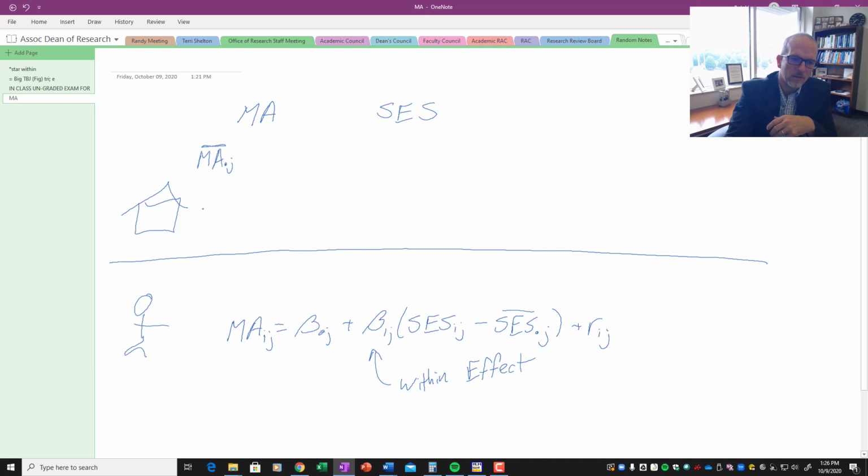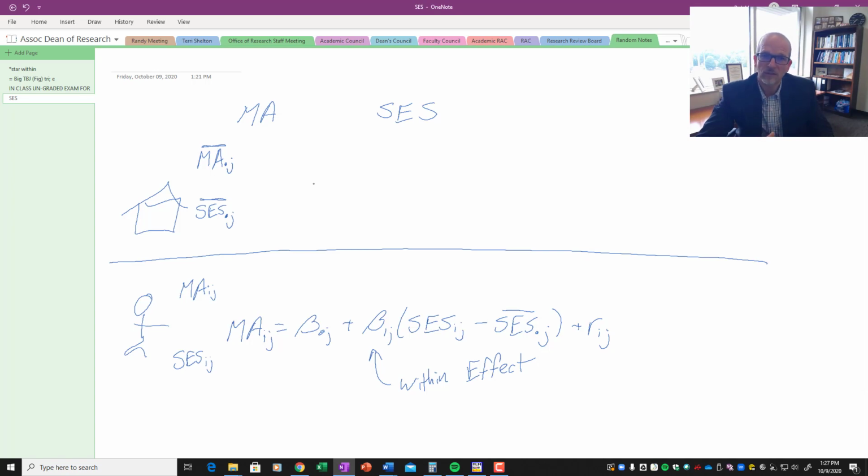And I will also have an SES.J with a bar, which is the average socioeconomic status for students in that school. In contrast, when I was talking about the student level, I have an MA_ij and an SES_ij. So if we were at the school level, and that's all the data we have, in my example, there's 160 schools and more than 4,000 students.